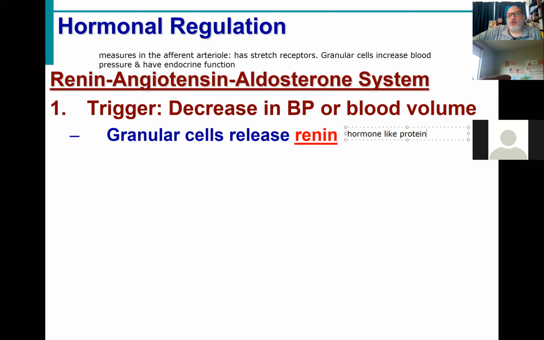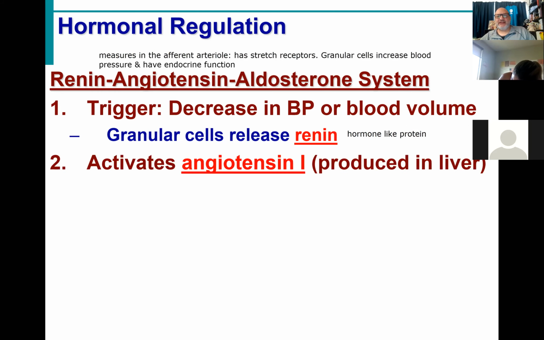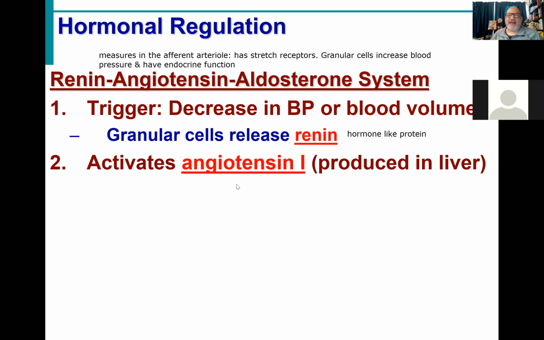Renin is not a hormone, but it is a protein that acts very much like a hormone. And that renin, like hormones, gets into the blood. One of the primary things renin does is it goes to and causes the activation of an enzyme called angiotensin 1.